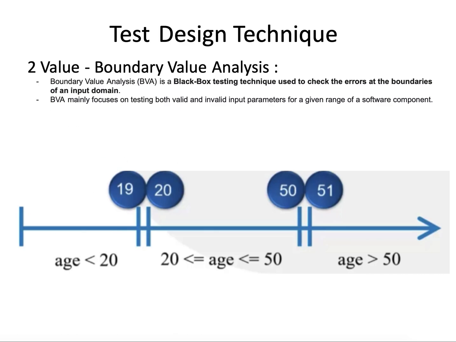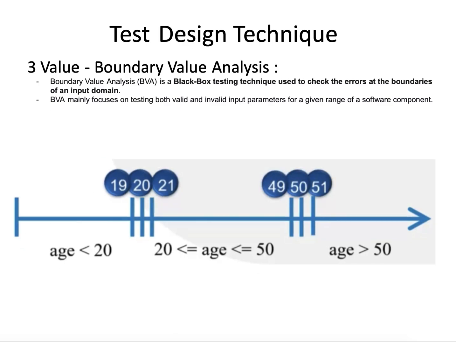In two value boundary value analysis, if we go for three value boundary value analysis, then I need to check the previous, next, and middle. For the same partition, let's see how it will be. So a plus minus 1, b plus minus 1, where a and b are the range.